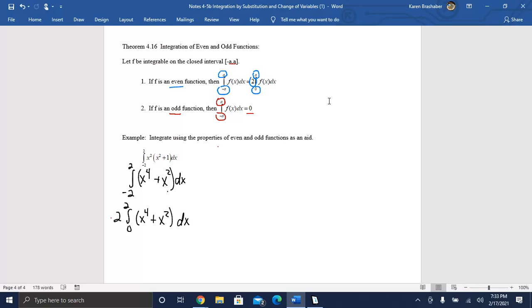So applying the power rule, I'll have 2 times x to the 5th over 5 plus x to the 3rd over 3, and then this evaluated, I should have used a bracket there, from 0 to 2.